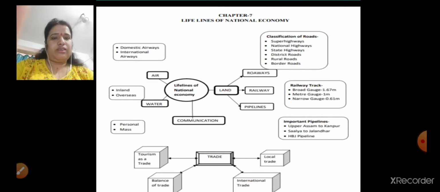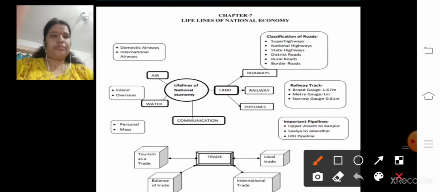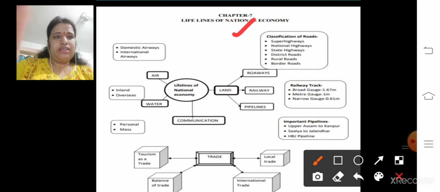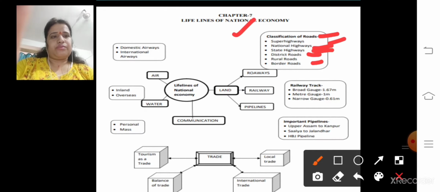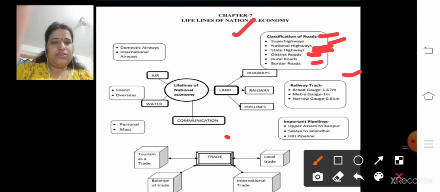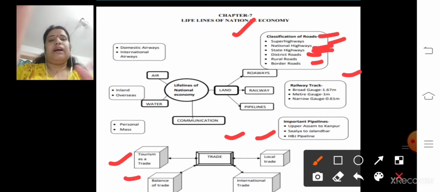Then we will see the classification of roadways: superhighways, national highways, state highways, district roads, rural roads, and border roads. In detail, we will further see the railway track, then trade, tourism as a trade, what is local trade, what is balance of trade, what is international trade, and important pipelines.